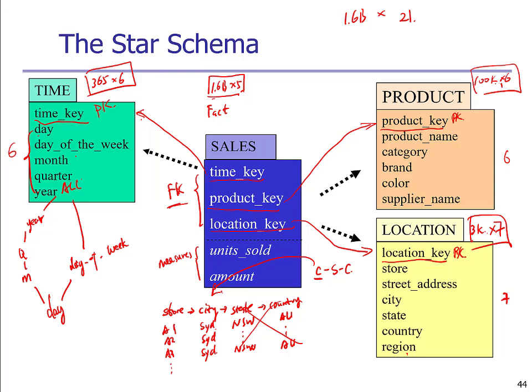These are the space you need for the star schema, and you can compare with the universal schema. Roughly speaking, it would be just 1/4 of the total space of the universal schema.